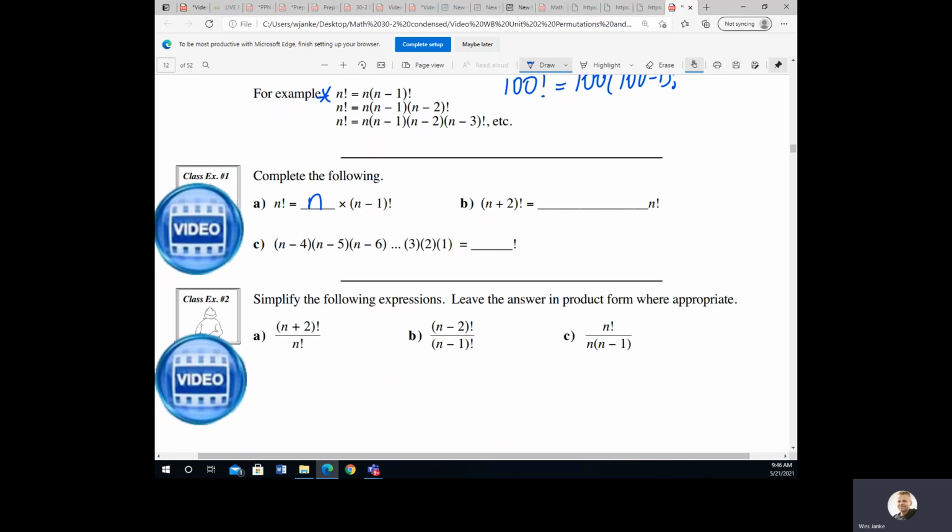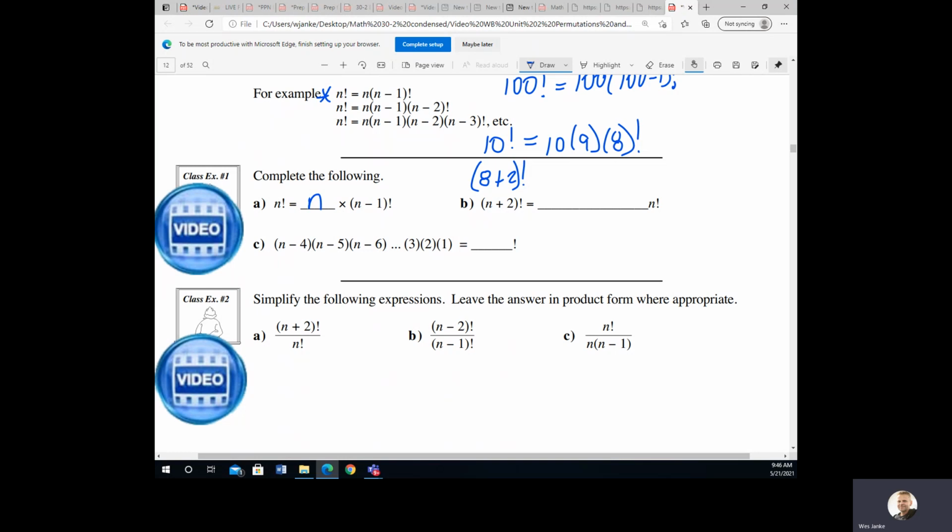If we want to write it out, we would have to think of, well, let's say that n was 8. So 8 plus 2 factorial is our starting point. Or it's like saying 10 factorial is our starting point. Then 10 factorial would be 10 times 9 times 8. And I could put a factorial there.